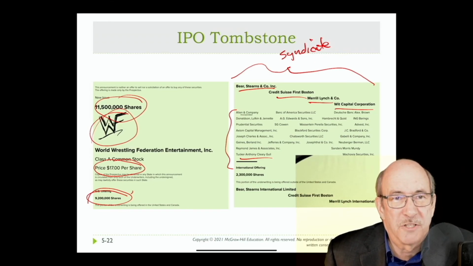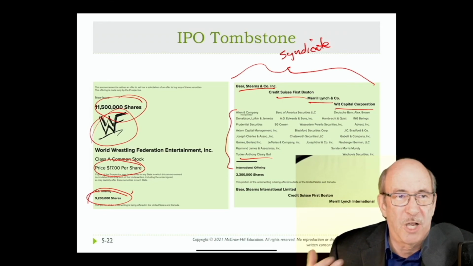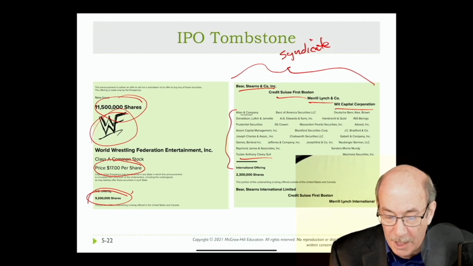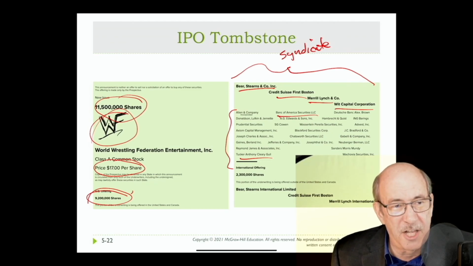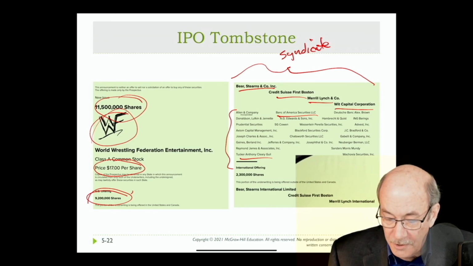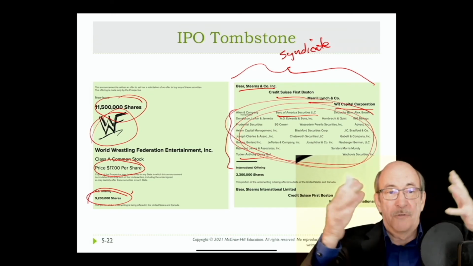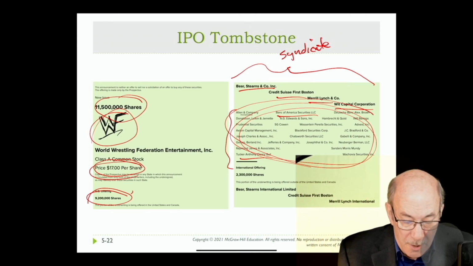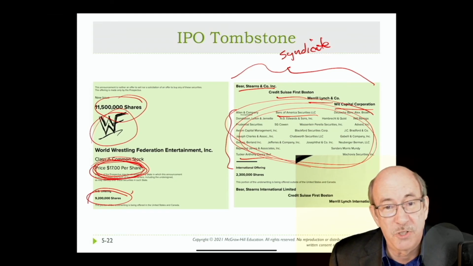They didn't have much of a big role in terms of pricing or the roadshow or designing the security, but they're part of the distribution network. Bank of America might have had a slightly bigger role, but they're still part of the distribution network. So all of these folks down here just help to spread out those shares as widely as possible so that we're able to attain that $17 per share price.